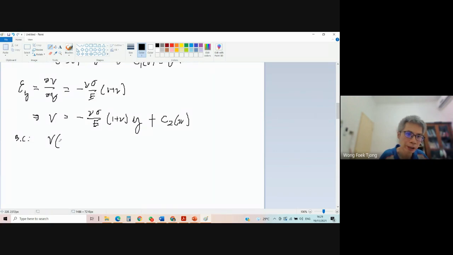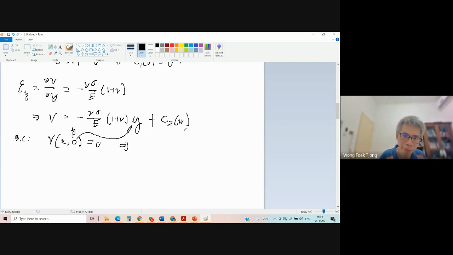V is equal to v at any x. In the bottom, this is the equation. This one is 0. So from here, just plug in y into here, and then we get what we get.